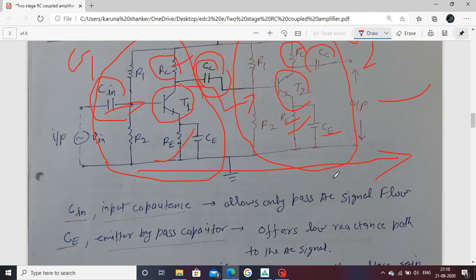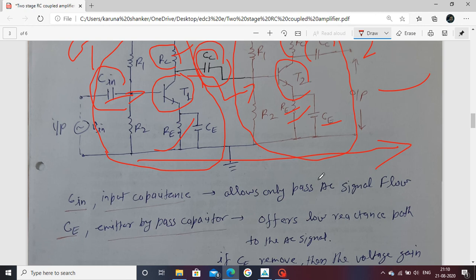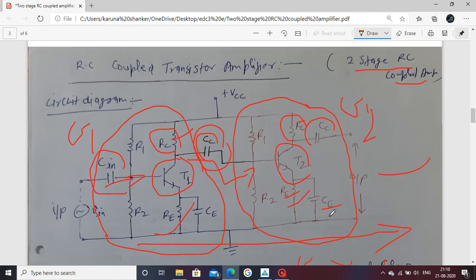The overall gain G is equal to both multiplied: G is equal to G1 multiplied by G2. This shows that the gain increases, meaning whatever input you apply, the amplified output comes across the second stage of the transistor with increased gain.